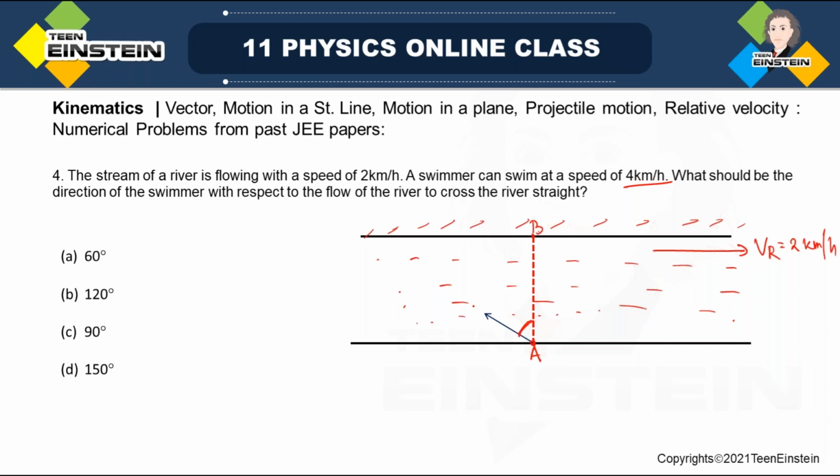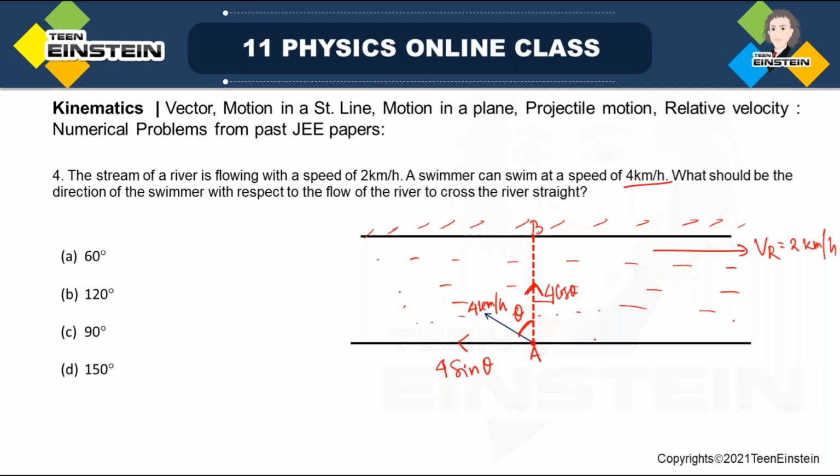So let me say this is 4 kilometer per hour. This is angle theta. And this angle I am just taking with respect to this perpendicular, which is the direction perpendicular to the velocity of the river. So now this swimmer will have two components of the velocity. Look, two components of the velocity. One along this way, I'm just writing 4 cos theta along this direction, and along this direction it will be 4 sine theta. I hope all of you will agree with me.